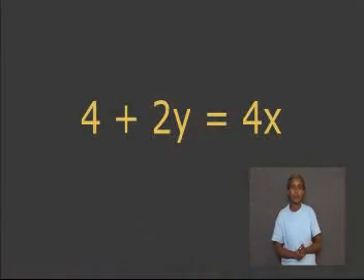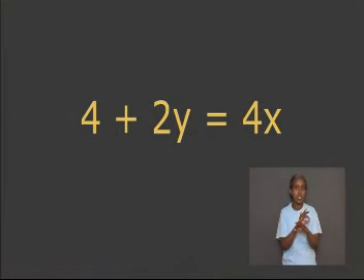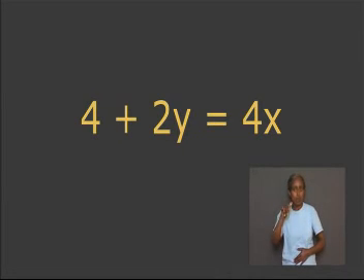We have time for one more activity, students. Without completing a table of values, draw the graph of this function by determining the x and y intercepts and the slope. You may begin.